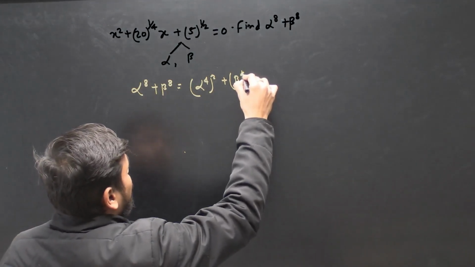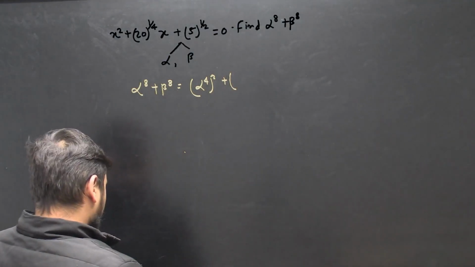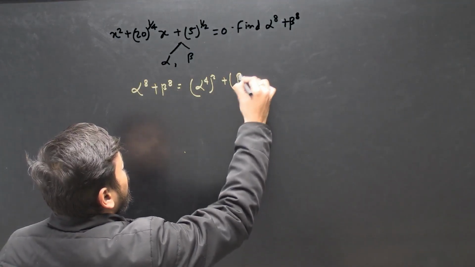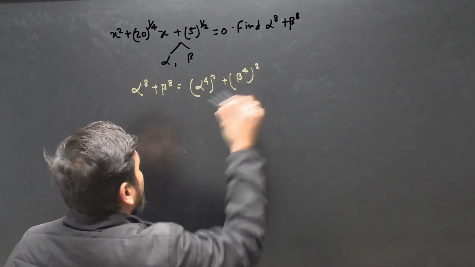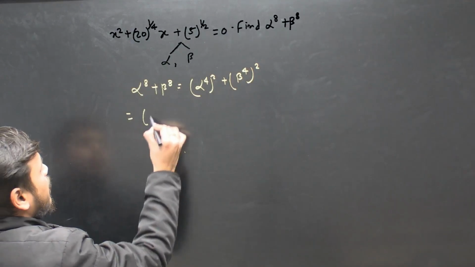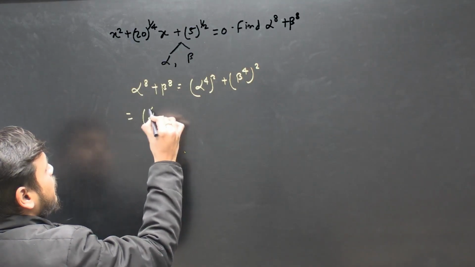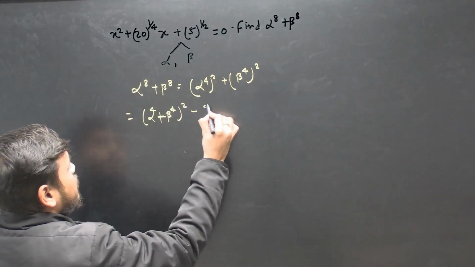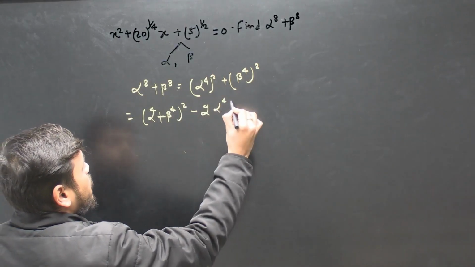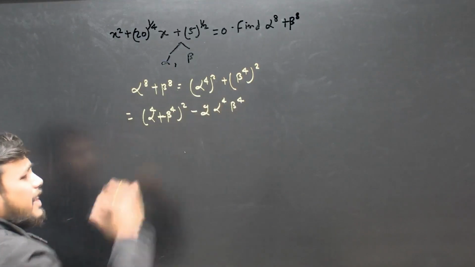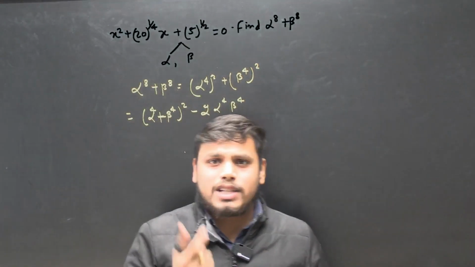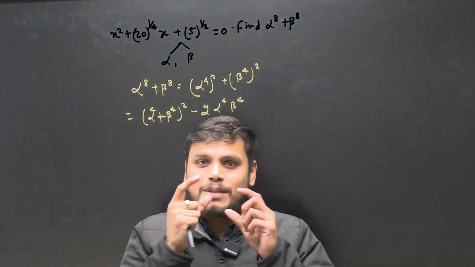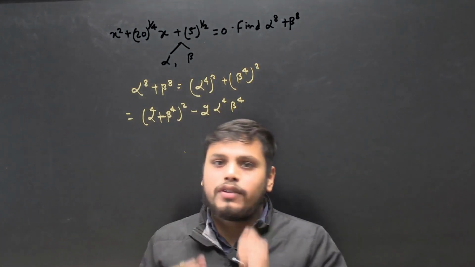Now you are familiar with this form. It can be written as alpha raised to power 4 plus beta raised to power 4 whole square minus twice of alpha raised to power 4 into beta raised to power 4, right? You are already familiar with this: x square plus y square can be written as x plus y whole square minus twice of xy.